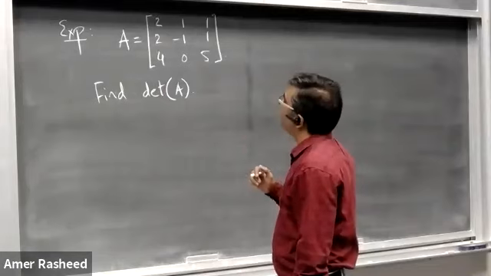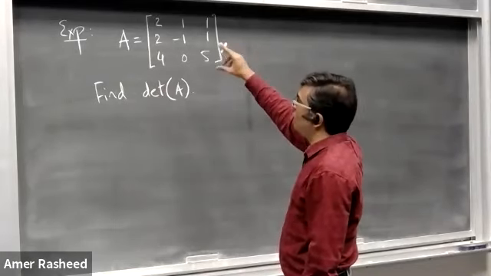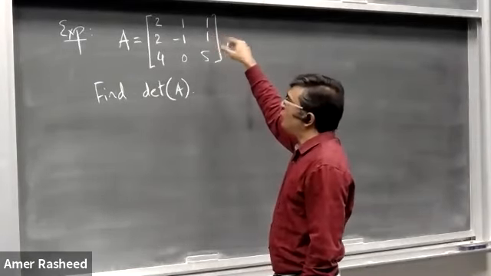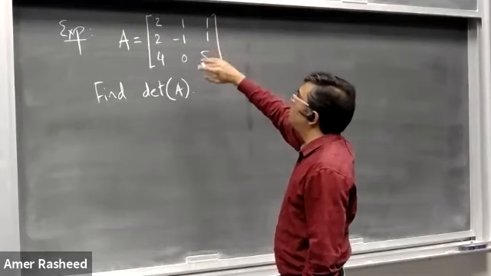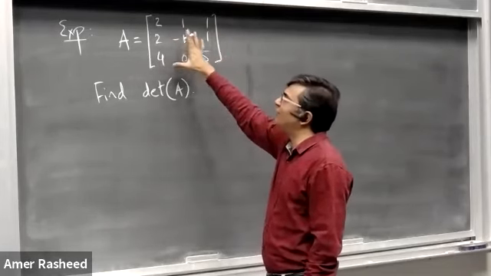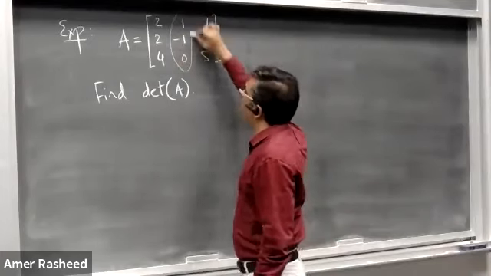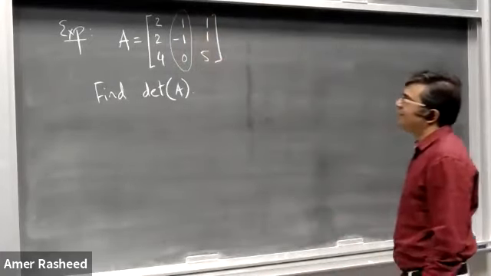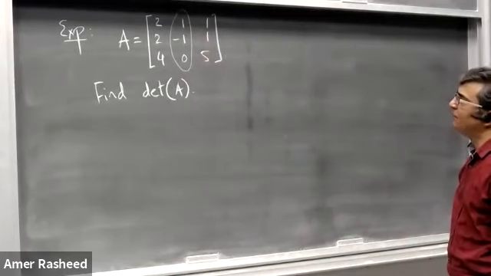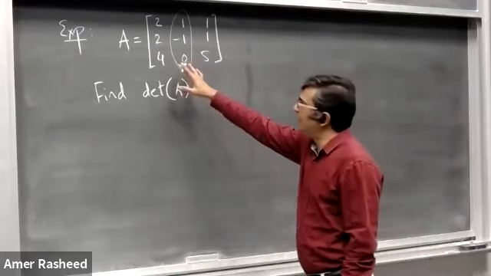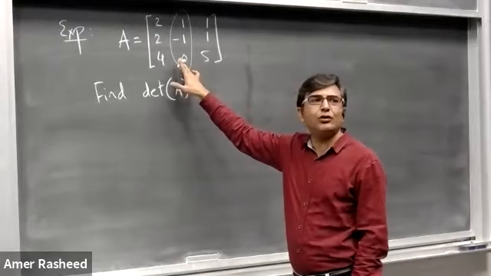I would prefer the row or column which contains more zeros. For example, if I have to find the determinant of this matrix, I would go along this column because its coefficients are simple and this column has a 0 entry as well.